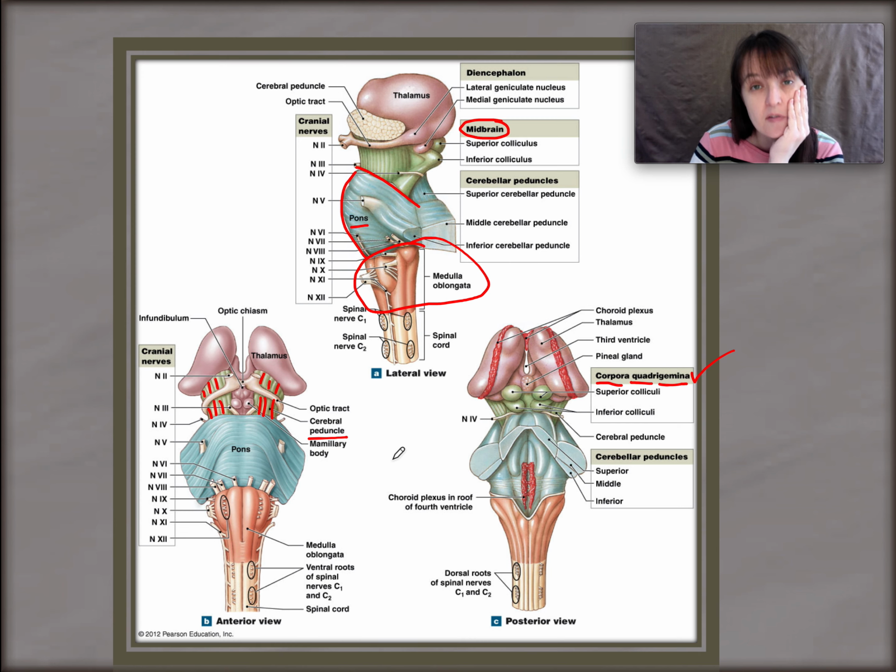And you do need to know the cranial nerves for the lab test. It'll look kind of like this and then point to the cranial nerves, and you'll have to give both the name and the Roman numeral. I don't need you to type in the word N, but the Roman numeral and the name for sure.